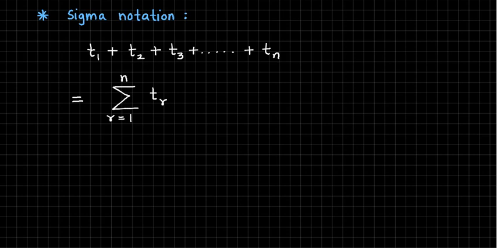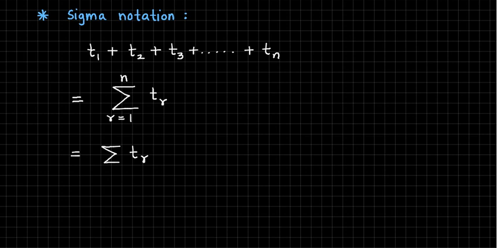Now in many sums it is understood that r will start with 1 and it will end with n. So in that case we may just write the summation as t_r. Alright, but it is not a general rule because it may depend on the question.